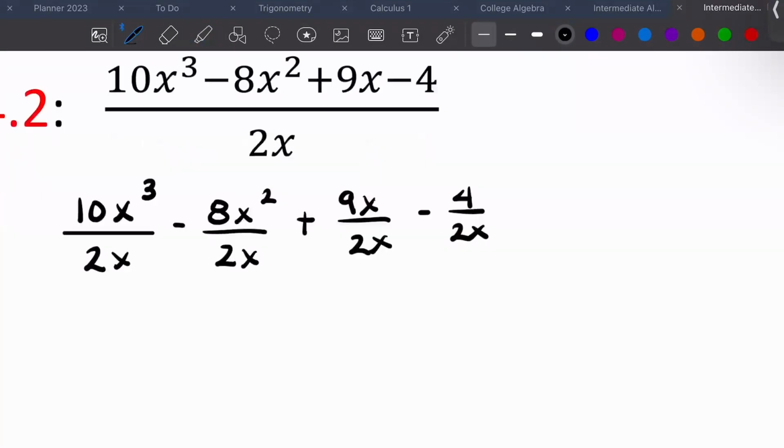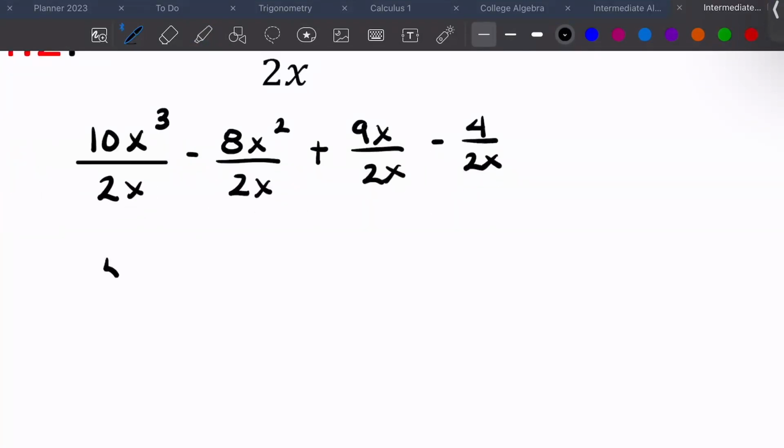So 10 divided by 2 is 5, and then we're going to subtract 3 minus 1 and get 2. 8 divided by 2 is 4. 2 minus 1 is 1. 9 divided by 2 is just 9 over 2. We can't simplify that. And then 1 minus 1 is 0.